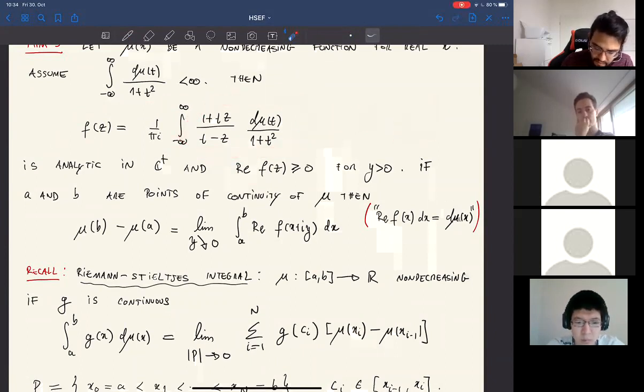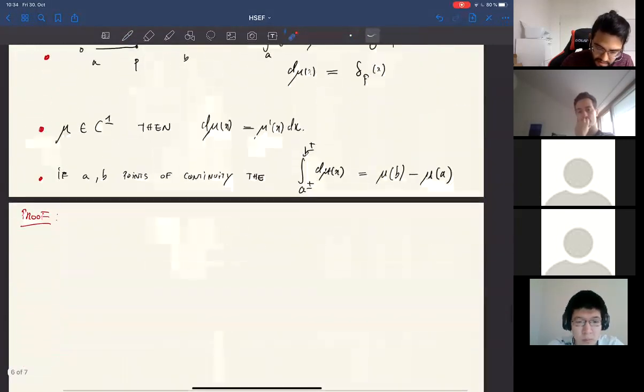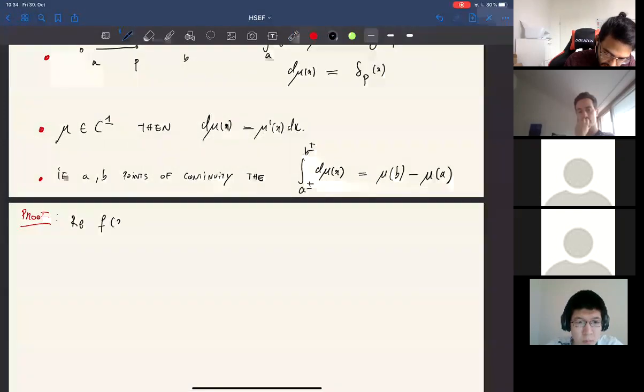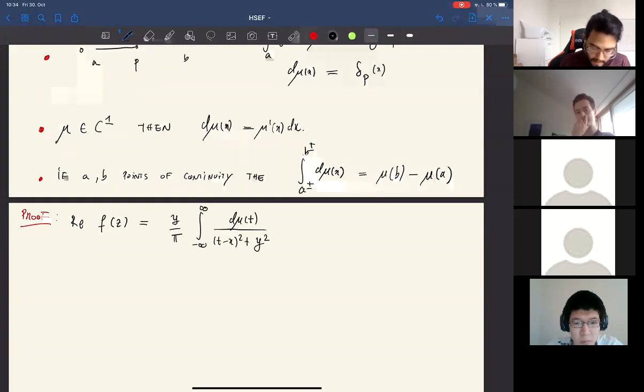And then if you take the real part, we already did this computation. If you take the real part of f of z, then you just get the Poisson kernel. This is just an easy computation, and this is clearly greater or equal than 0. Okay, so that part of the statement is good.